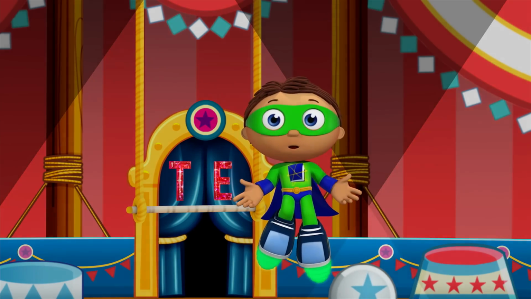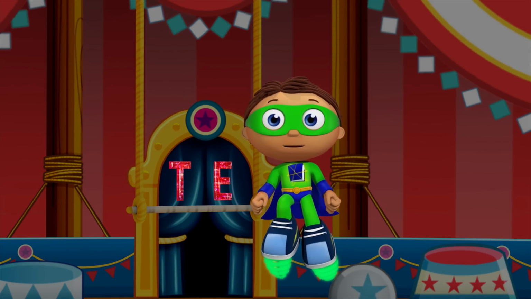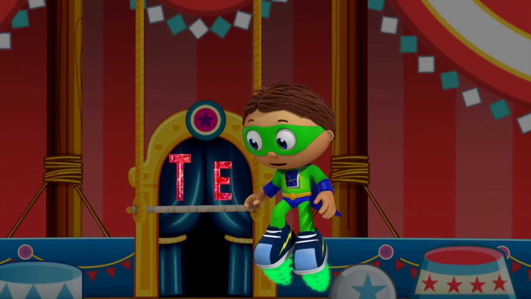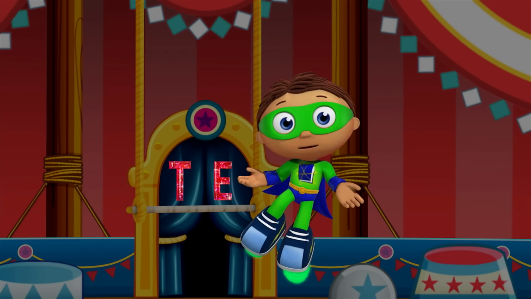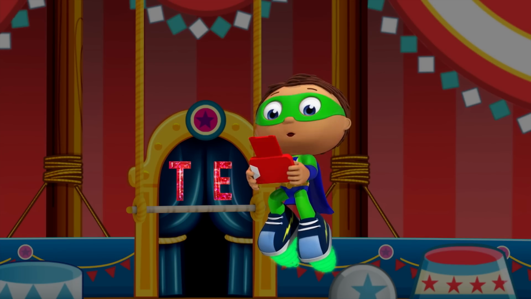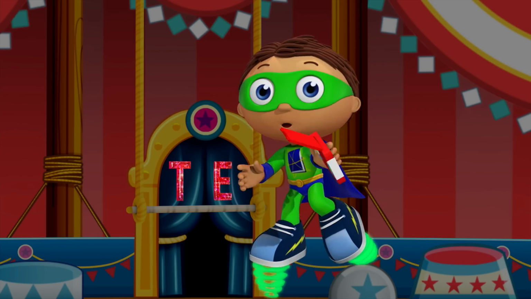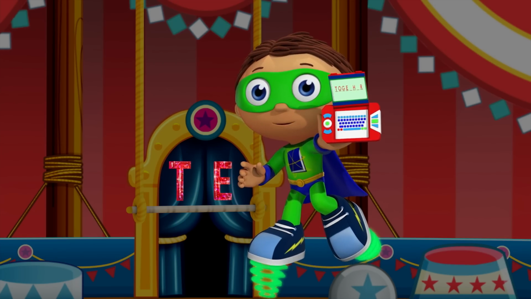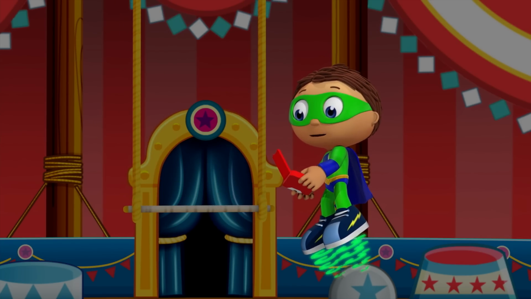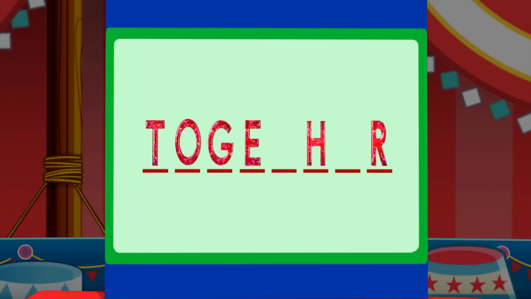You see our last super letters? Which ones? T, E. T-E. Oh yeah, on the trapeze. Let's put them in our super duper computer! Nice trick, super letters. We found all of our super letters.